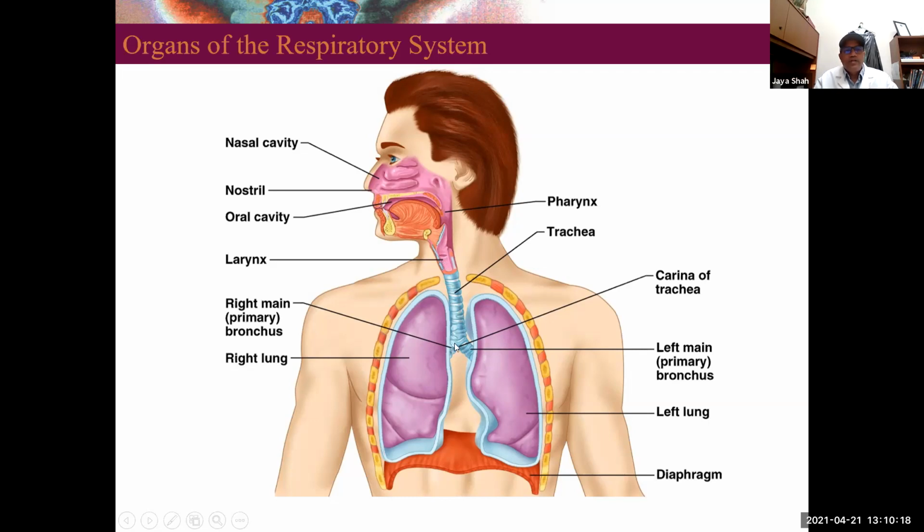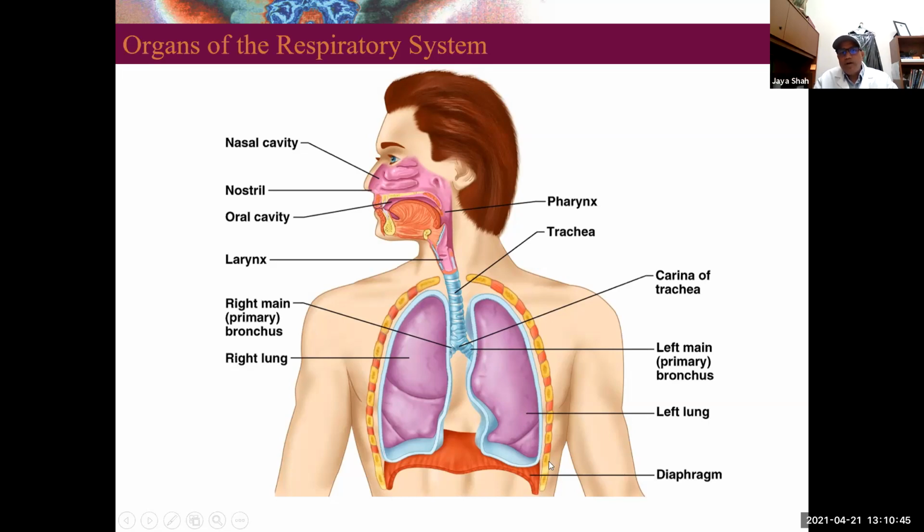Then the trachea divides into right and left primary bronchus. And this point where it branches is called the carina of the trachea. Then it further branches off: this primary bronchus becomes secondary, tertiary, segmental, terminal, respiratory, and then alveolar duct, alveoli.